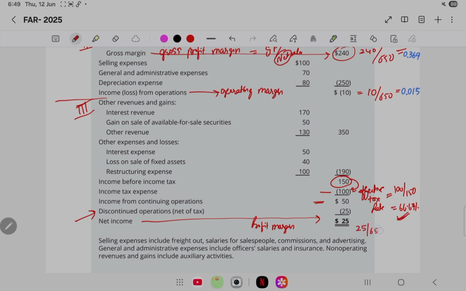$25 upon $650 comes at 0.038%, which means 3.8%. Now we can see that we are getting the negative figure here and the plus figure here, so what are the incidental income we have earned this year?